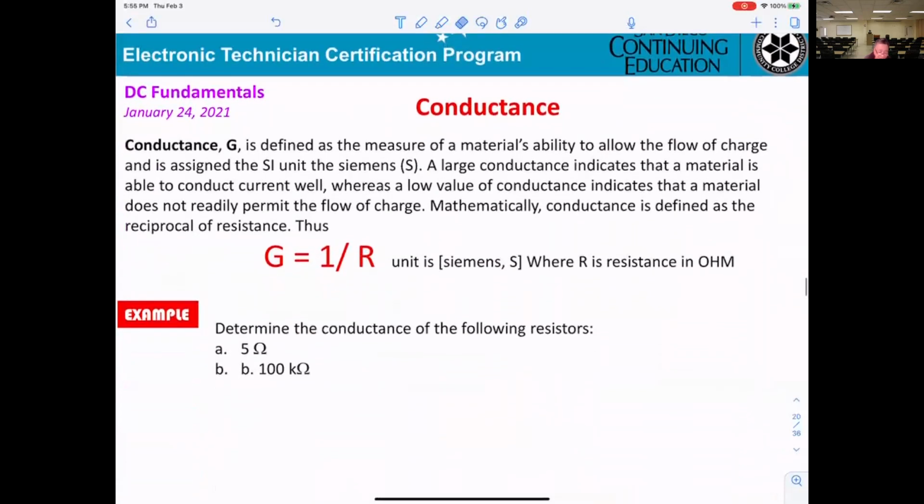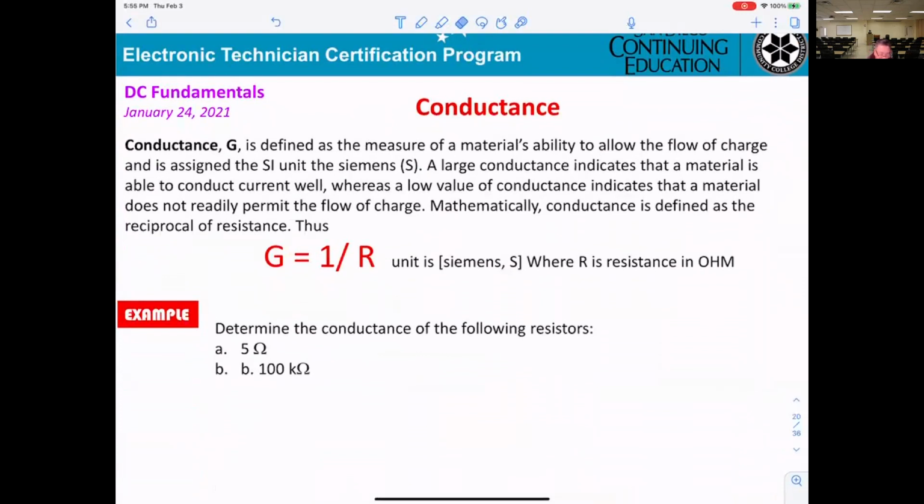Okay, conductance. Basically, conductance is just the opposite of resistance. Conductance allows more current to flow. Resistor opposes the current flowing.